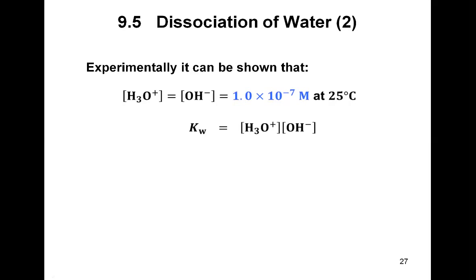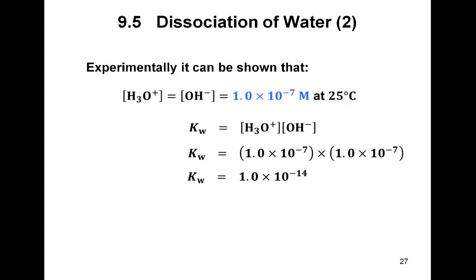So if we plug the value into the Kw expression, it will become Kw equals 1 times 10 to the negative 7 times 1 times 10 to the negative 7, which is equal to 1.0 times 10 to the negative 14.